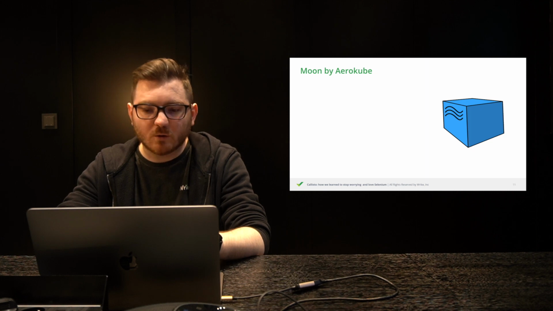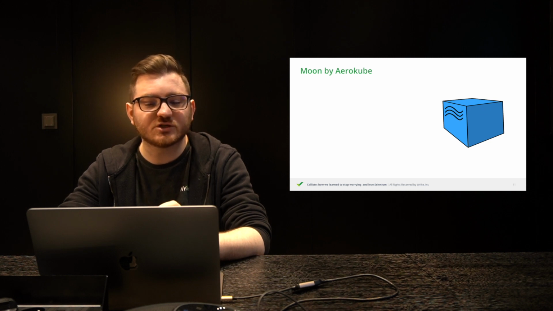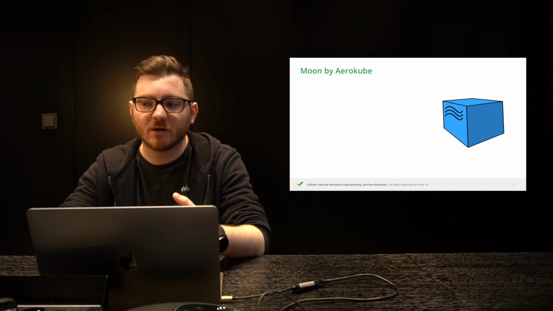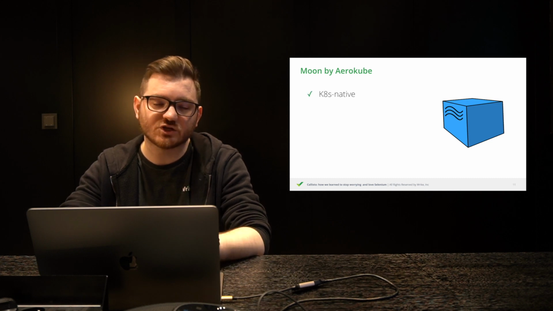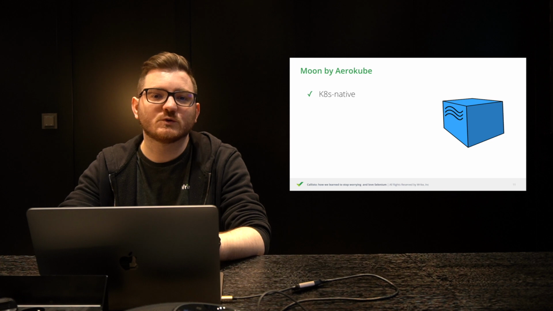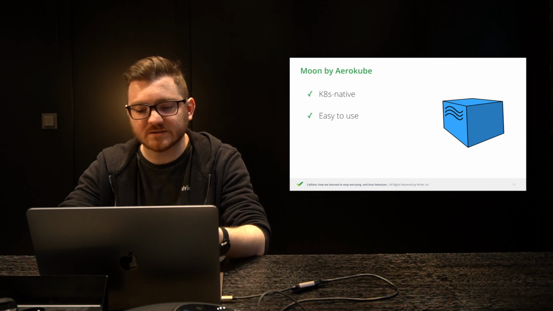Because we already decided to use Kubernetes, we paid some attention to Moon by Aerokube. It's a nice example of a Kubernetes-native application. It's easy to install and use, but we figured out some downsides important for us.